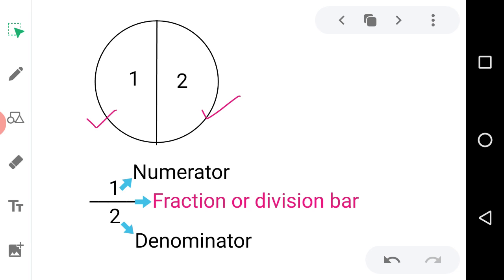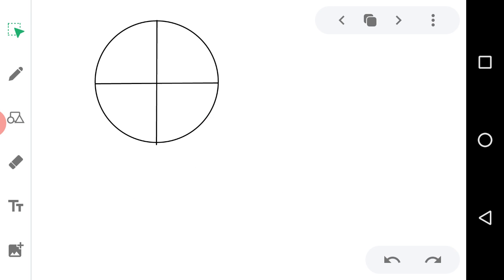Now, see here, I make 4 parts of this circle. So here the denominator is changed. Why? Because here the number of parts is not 2, it's 4. Now, if I want to show one part, how can I show it?